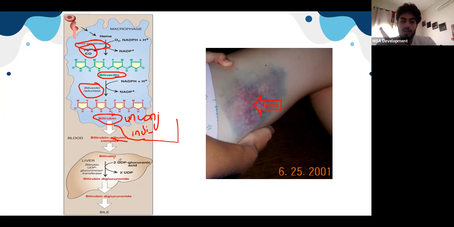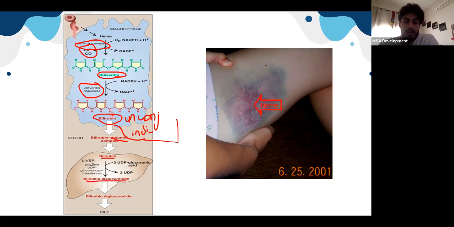When it's in the liver, it goes through bilirubin UDP glucuronosyltransferase to give you bilirubin diglucuronide. Through this reaction, it uses 2 UDP glucuronic acids to give you the final product.